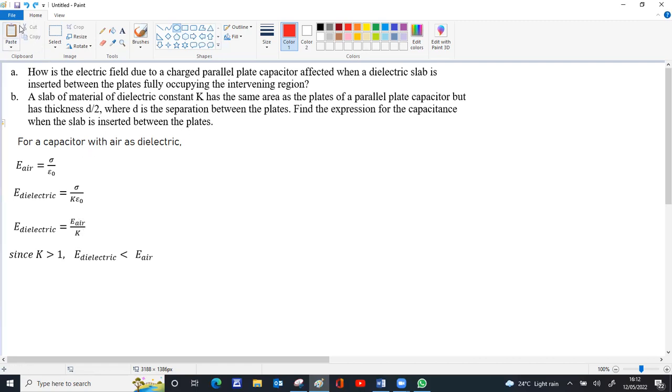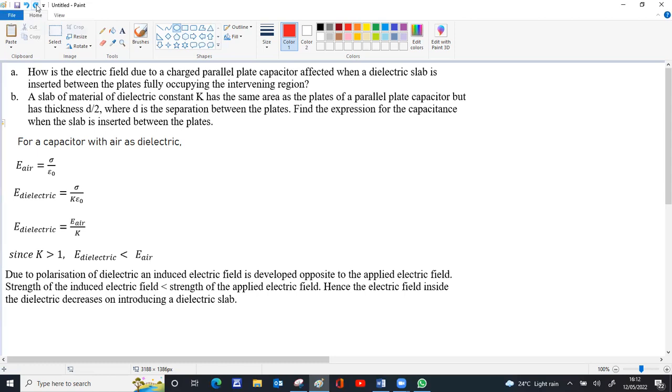Now, in terms of polarization, when you keep a dielectric, the molecules of the dielectric get polarized. It produces an electric field opposite to the applied electric field. The induced electric field strength will always be less than the applied electric field, as the material is an insulator, a dielectric.